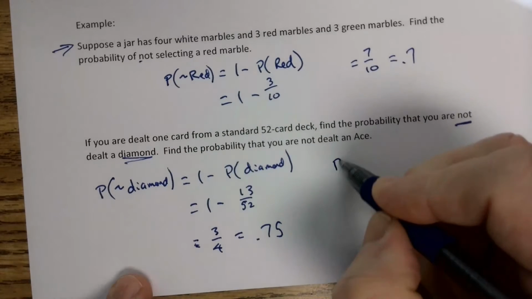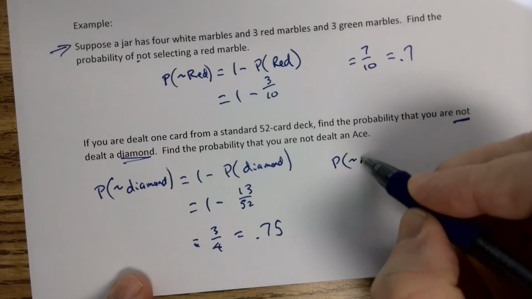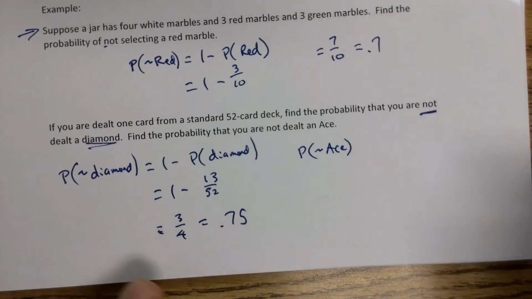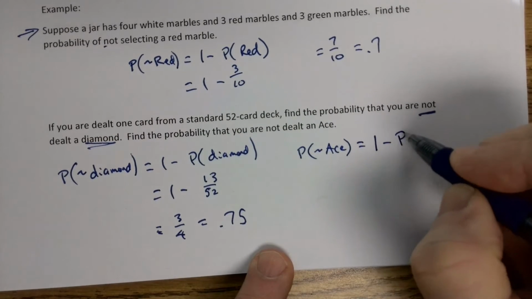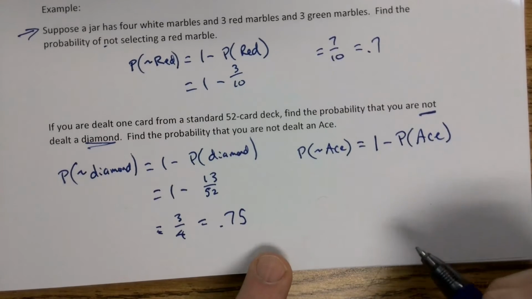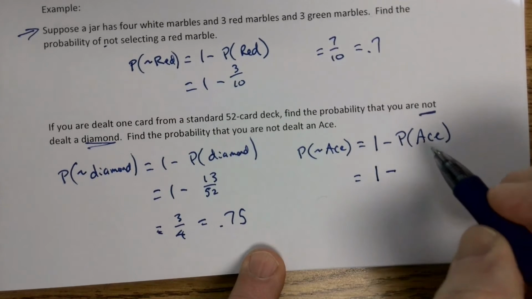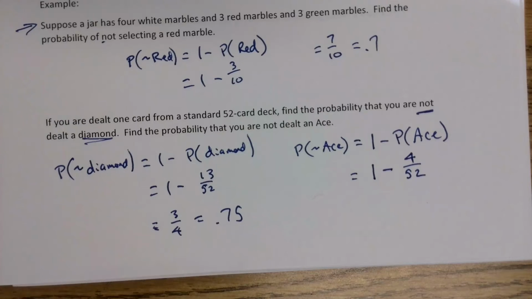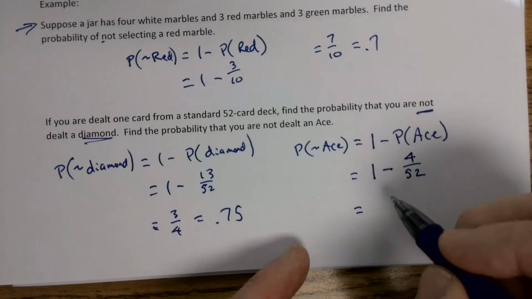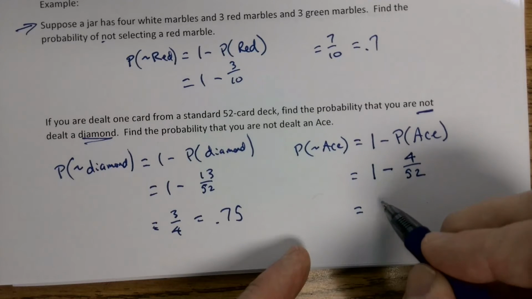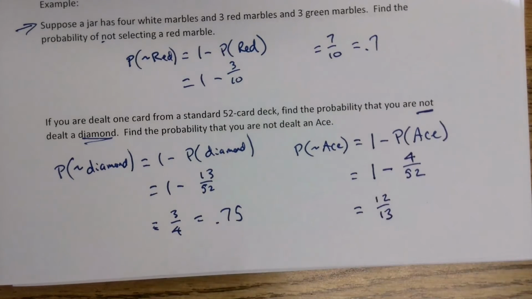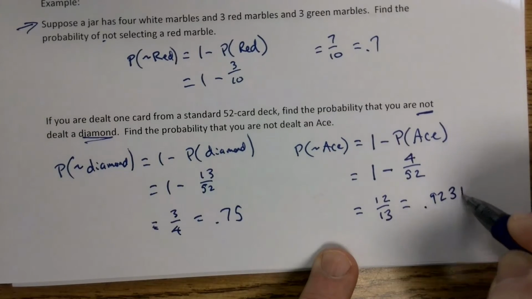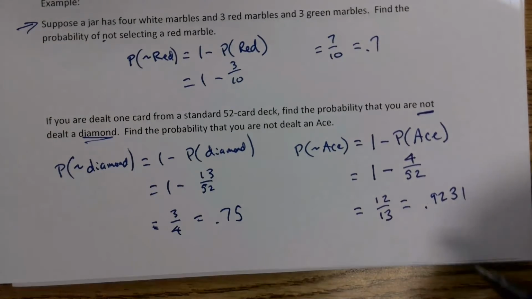So the next one is probability not an ace. So that's 1 minus the probability of an ace, which is 1 minus, there are 4 aces out of 52, which is equal to, put that in your calculator, it comes out to be 12/13, which is some decimal, approximately.